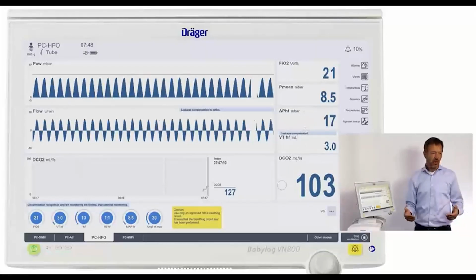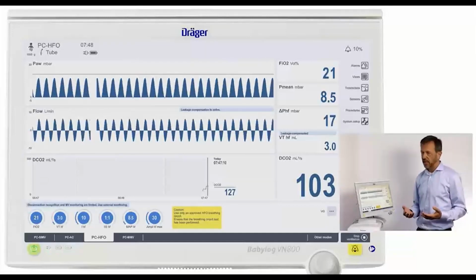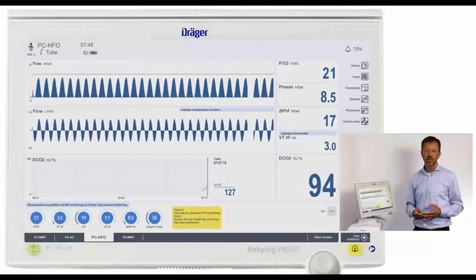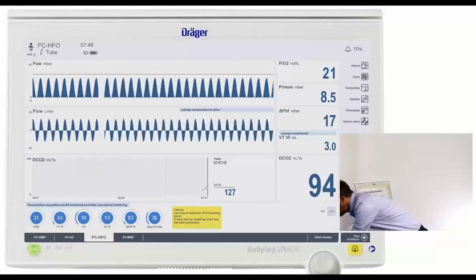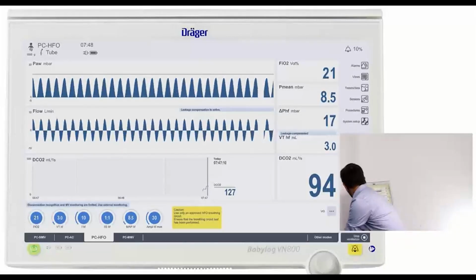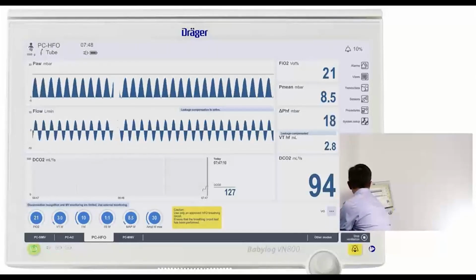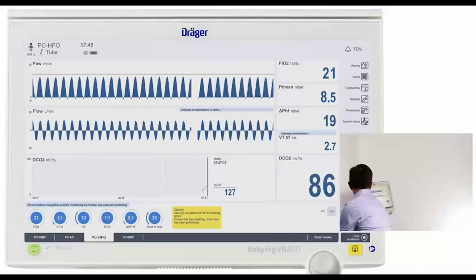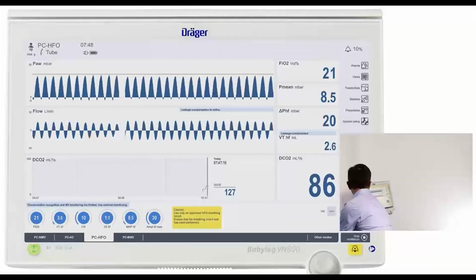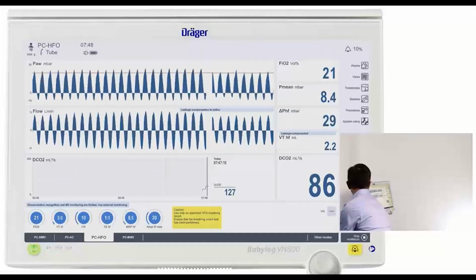So let's imagine we initiated high frequency oscillation, and now we have an accumulation of mucus in the airways. I will now simulate this, so the resistance is now increasing, and you see what is happening.